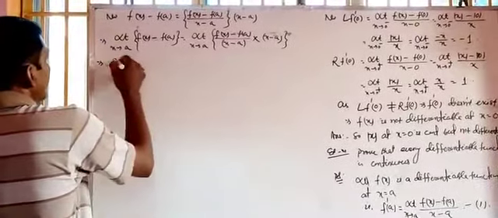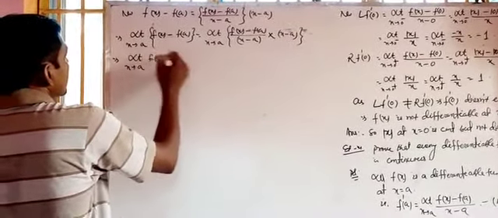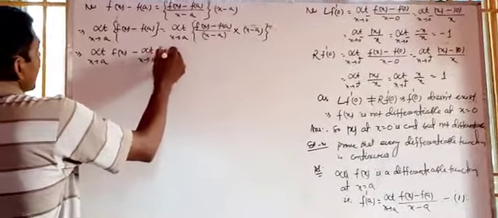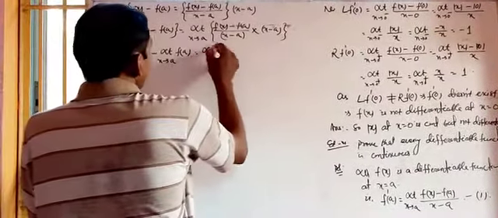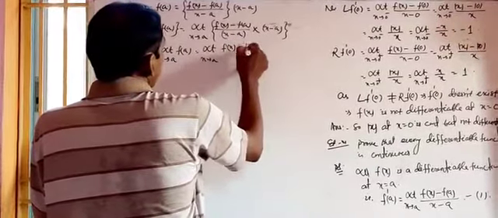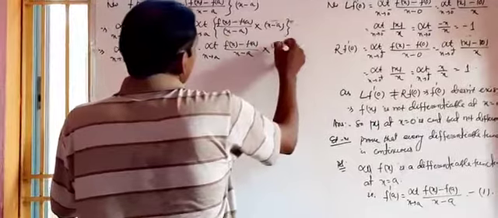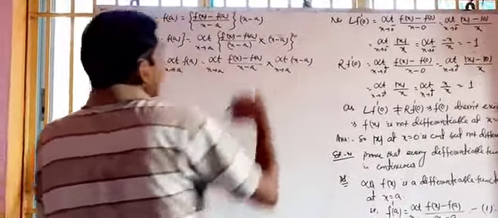Now separate the limits. Limit of f of x as x tends to a minus limit of f of a as x tends to a equals limit x tends to a of f of x minus f of a by x minus a, into again limit of x minus a as x tends to a.